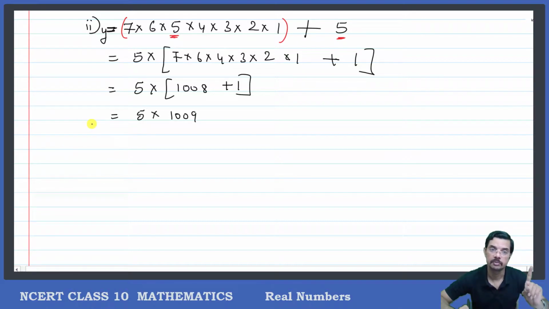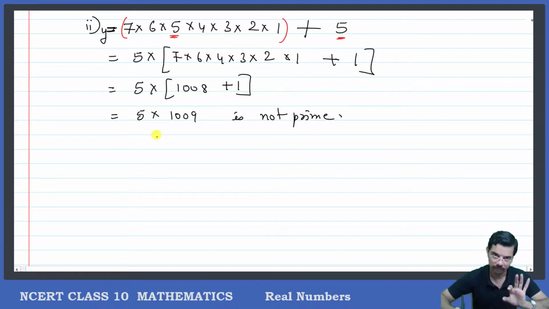See, a prime number should be a multiple of only 1 and the number itself, no other number. But here there are two different numbers other than 1 and the number itself. So it is not prime. Therefore it is composite.